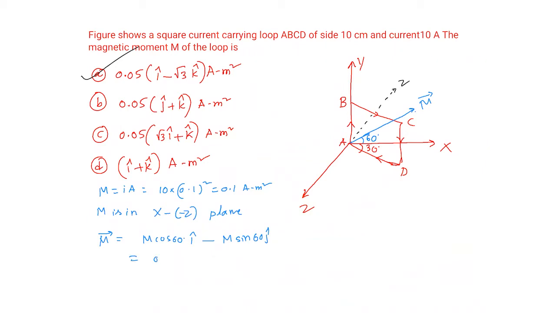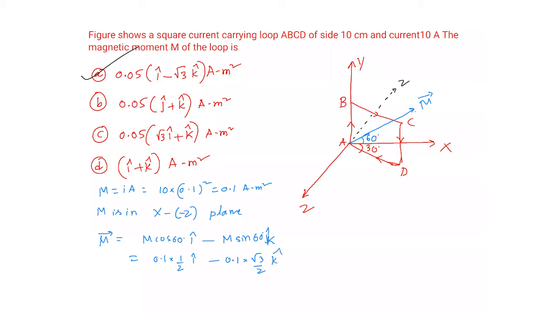So that is 0.1 cos 60, which is 1 by 2, I cap. Sorry, it is K cap for the other component, because it is along the negative z axis. That's why the minus sign. So minus 0.1 sin 60, root 3 by 2.